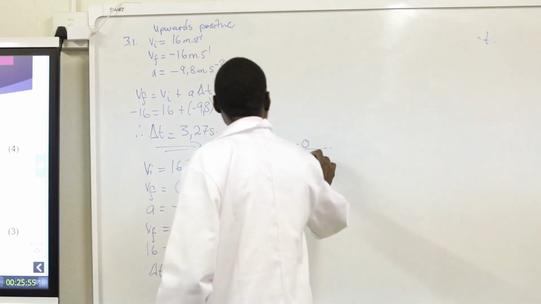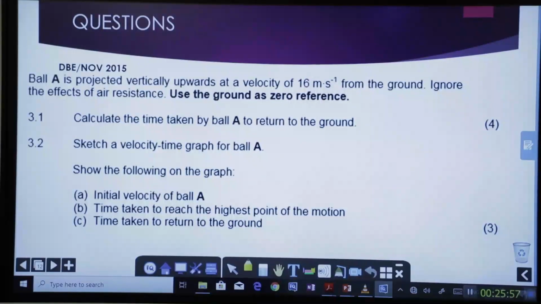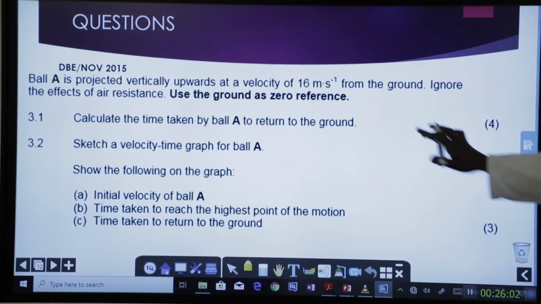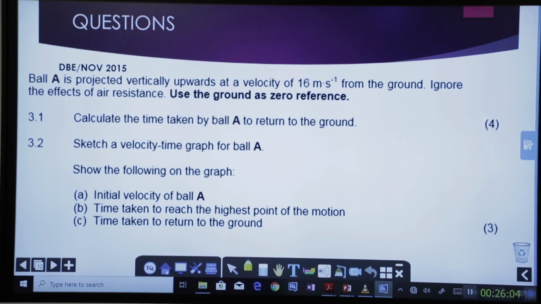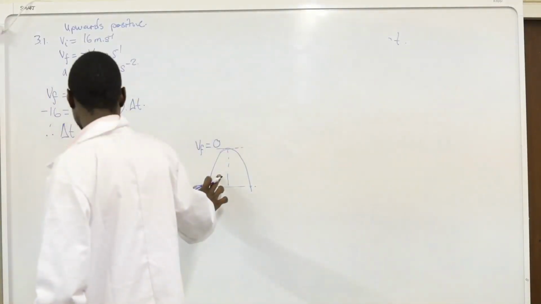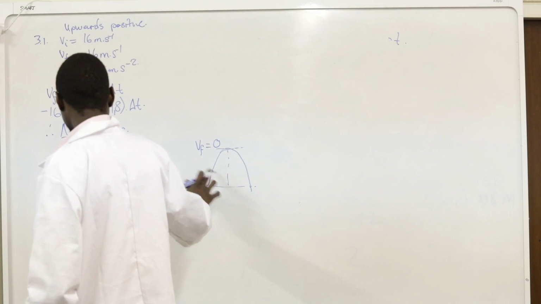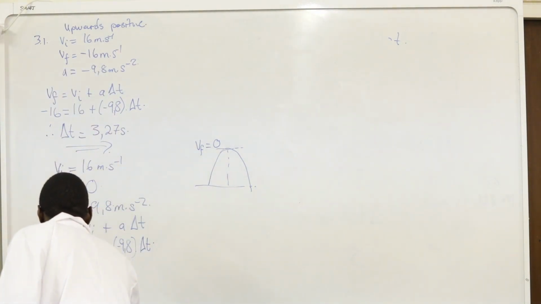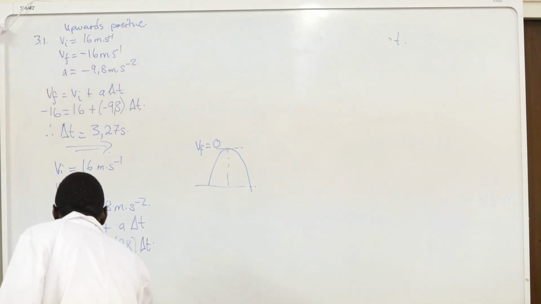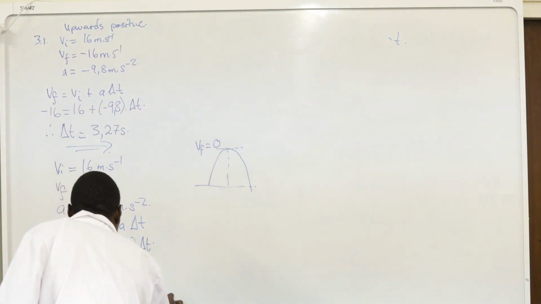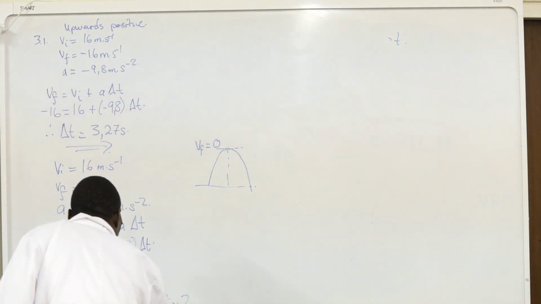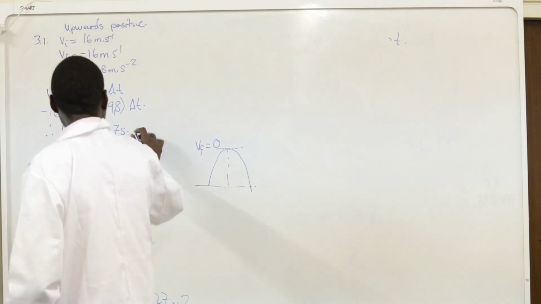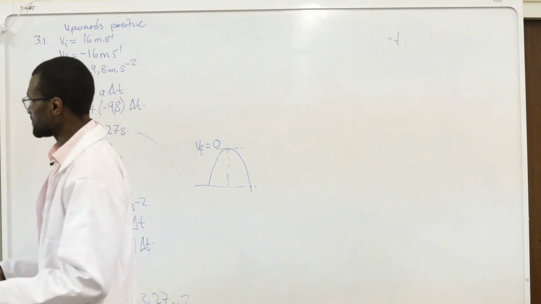So that shows the time symmetry. Okay? To get the time it takes to hit the ground, obviously you would need to multiply the total time by 2, which gives you again 3.27 seconds, just like we found on the previous one.